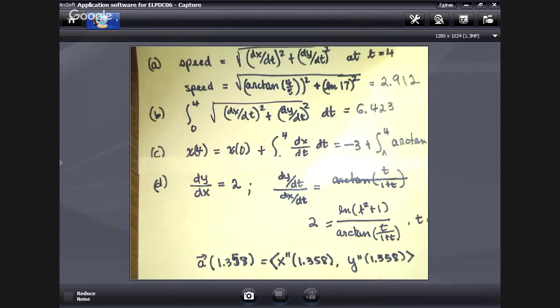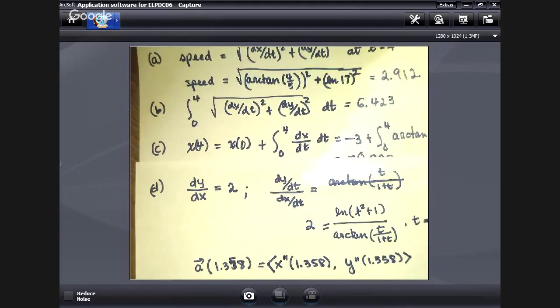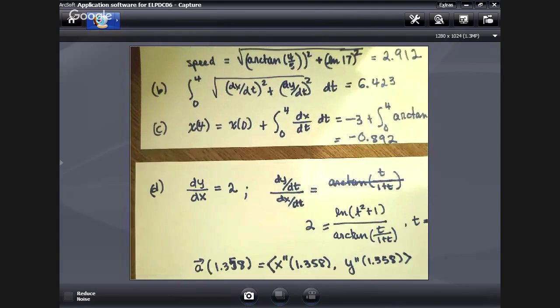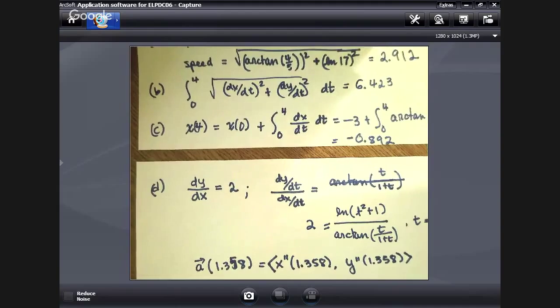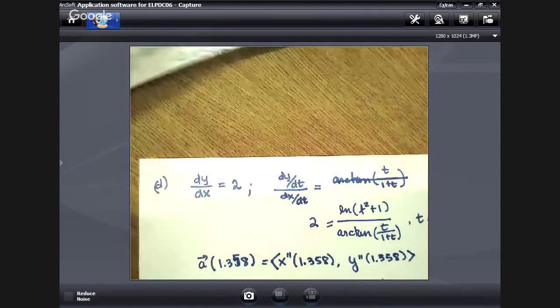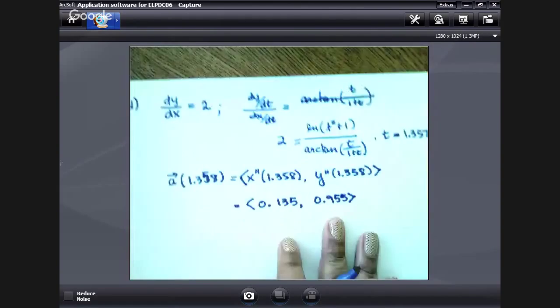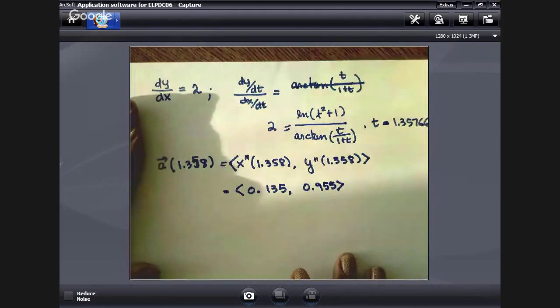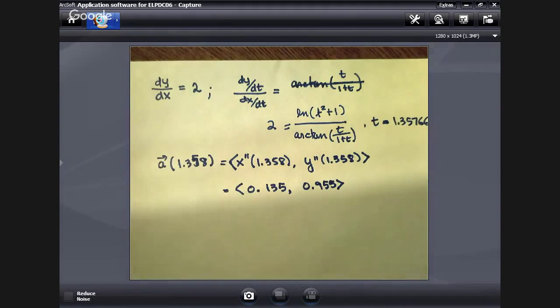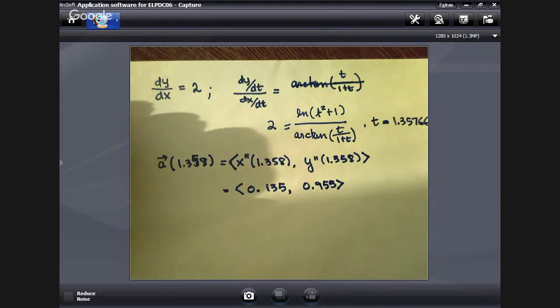So I like to characterize the similarities between motion in a line and motion in a plane. In part C, we had to find the x-coordinate at time t equals 4. And in part D, we had to find out when the slope of the tangent line is equal to 2, at what time, and then find the acceleration at that time. So here we go.